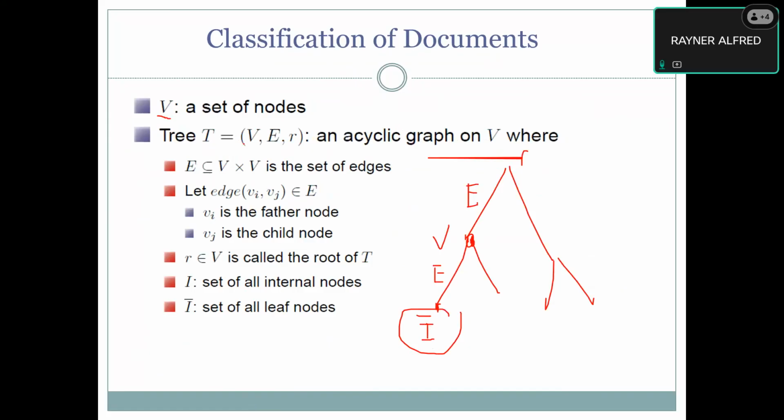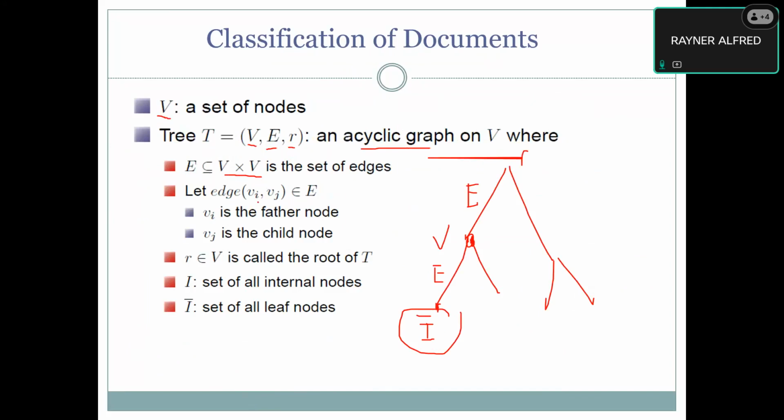So the tree can be defined using the vertex, the edge, and the root. And this is an acyclic graph, means there is no circle here. So the edges is determined by connecting two vertex.